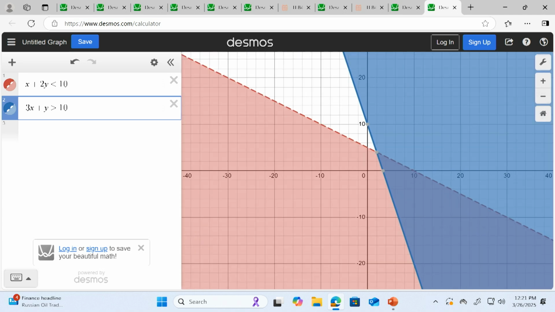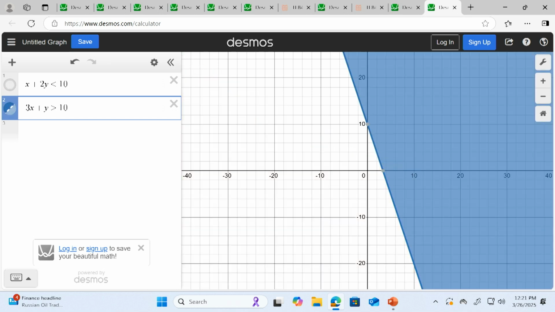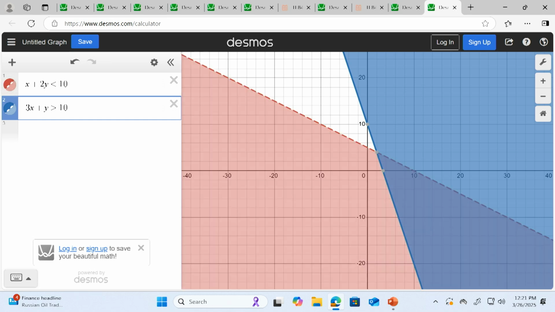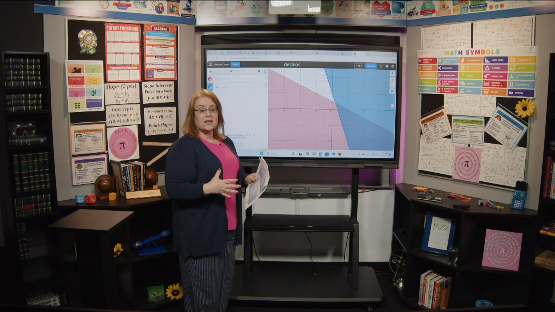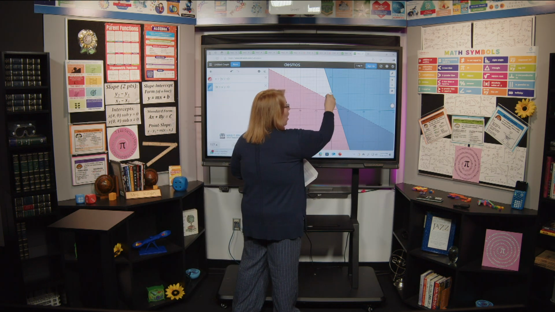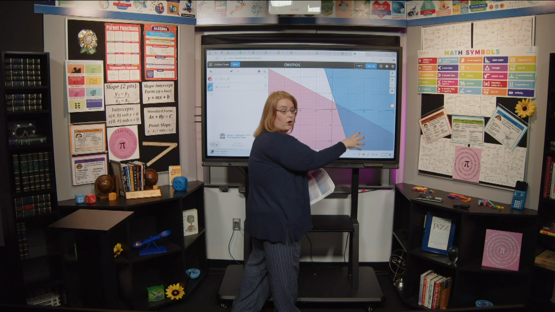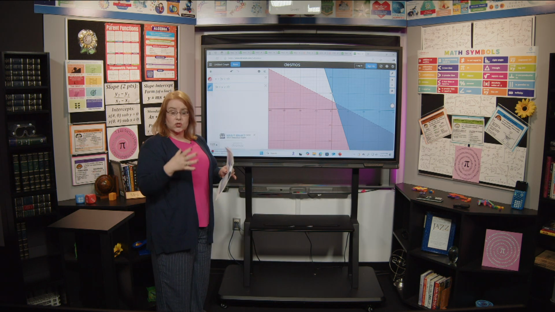Now I see my red shading for my top, meaning all of those solutions would make my red equation true. Then I see the blue shading, all of those possible solutions to make that blue equation true. But I'm wanting to find a solution set to make the whole system be a true system. So what I'm doing is I'm looking in this purple portion. All of these possible answers in that purple portion would make this system of inequalities true.